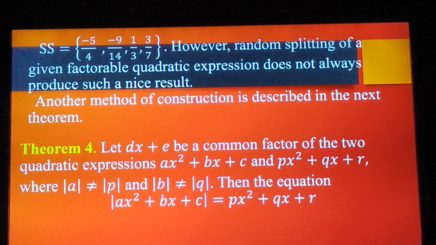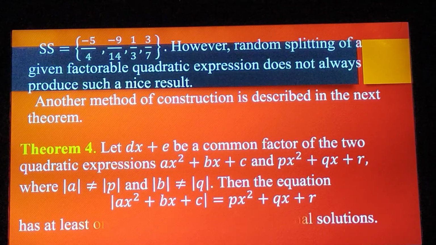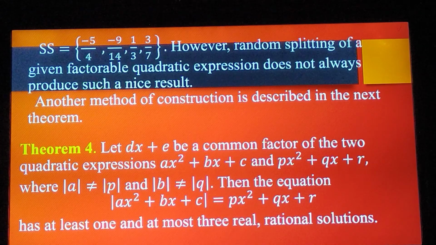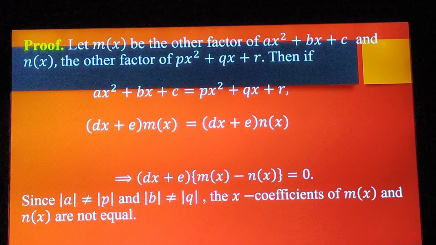Then the equation absolute value of ax squared plus bx plus c equals px squared plus qx plus r has at least one and at most three real rational solutions.